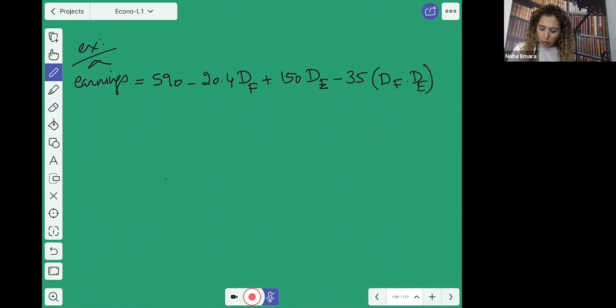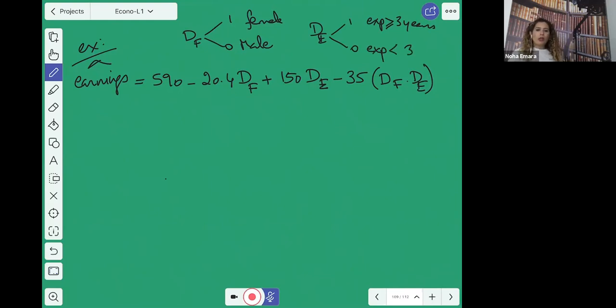And let's define these dummies. DF takes 1 for female, 0 male. D experience takes 1 if experience is greater or equal to 3 years, and 0 otherwise, strictly less than 3.